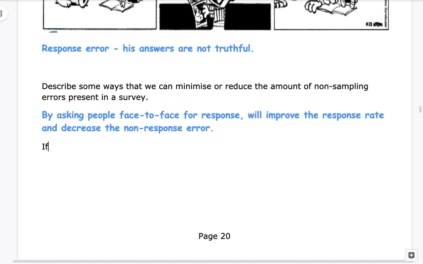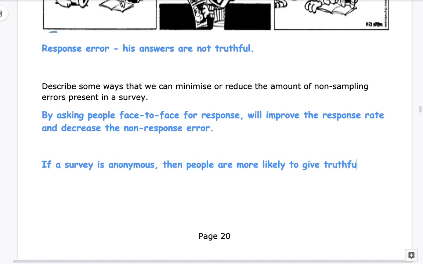Well, if a survey is anonymous, then people are more likely to give truthful answers. Okay, so that's one thing I could do.